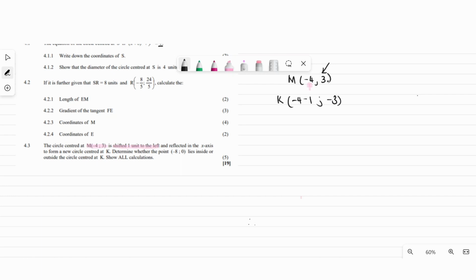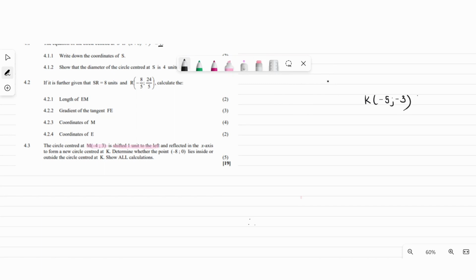Same applies if it reflects on the y-axis, it's going to affect x. But now it's reflecting on the x-axis. Therefore, since our y coordinate was positive, it's going to be negative. So this one is going to be K is -5, -3. So that's what we want.